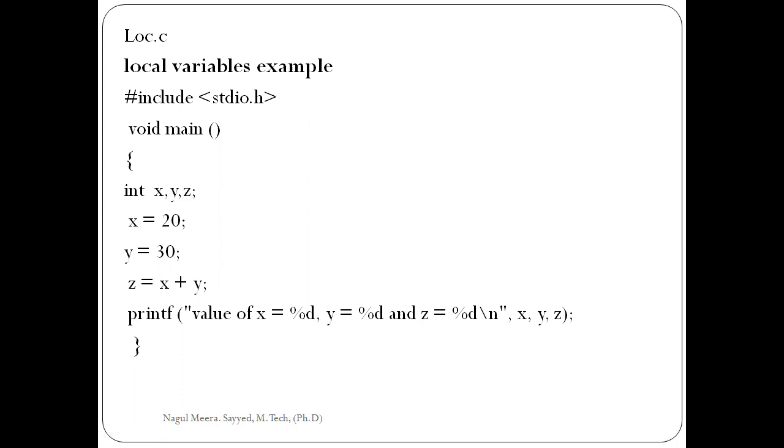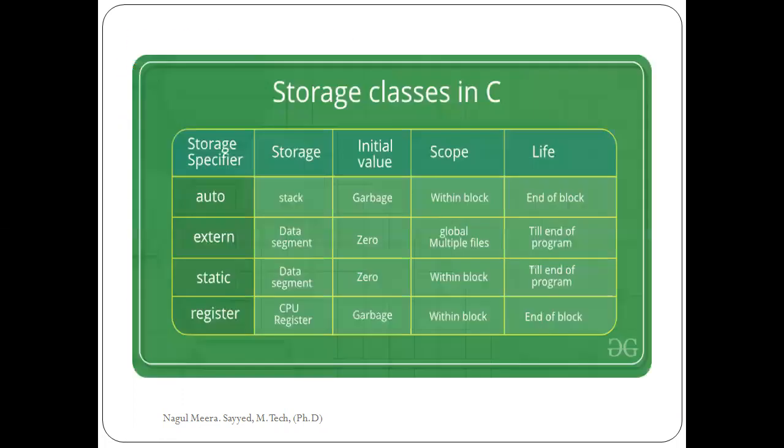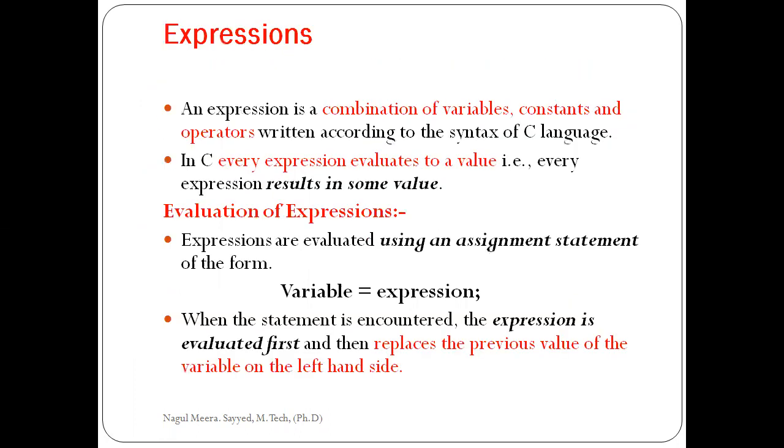Equal to and plus are operator symbols. So our definition says an expression is nothing but a combination of variables, it may be constants and also operators, all written according to the syntax of C language. A single line in C language which ends with a semicolon is generally an expression.